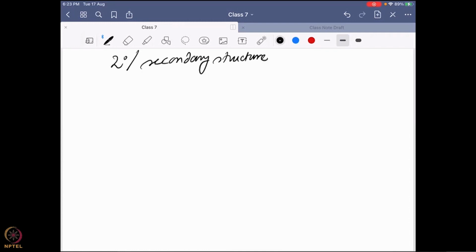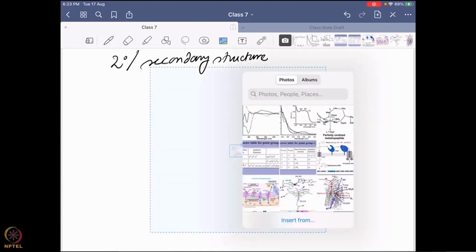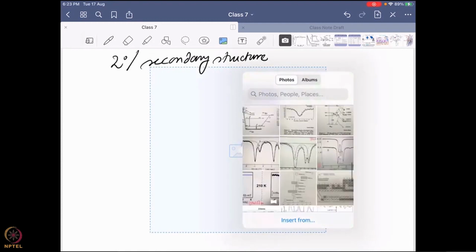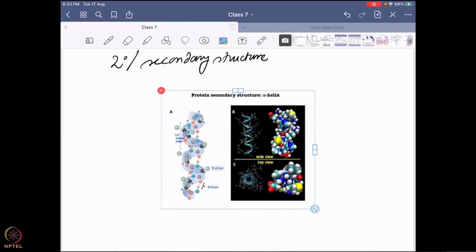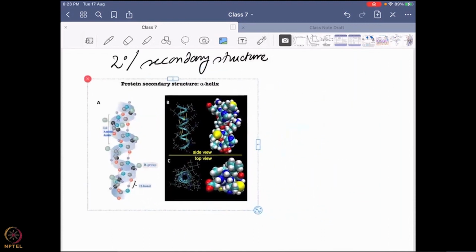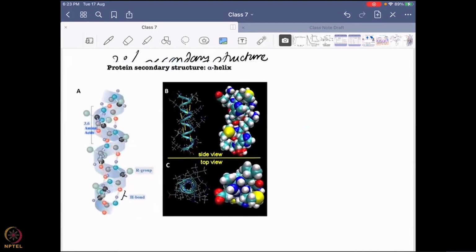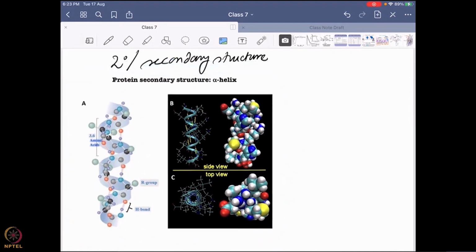So what are those? Let me find out what are those. So the first one we can have is known as the alpha helix. Over here, you can see this is the amino acid backbone.